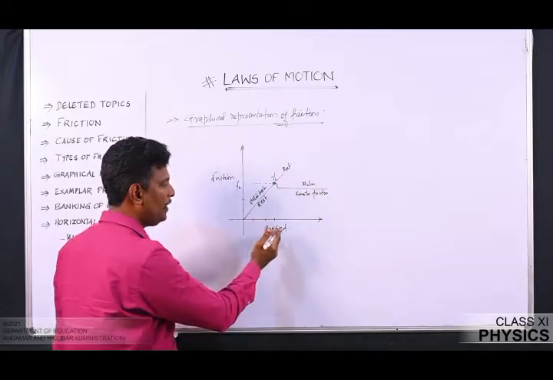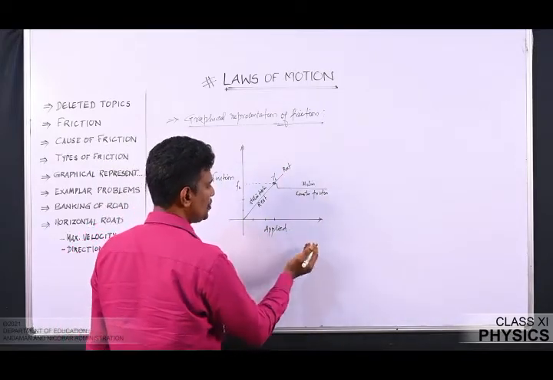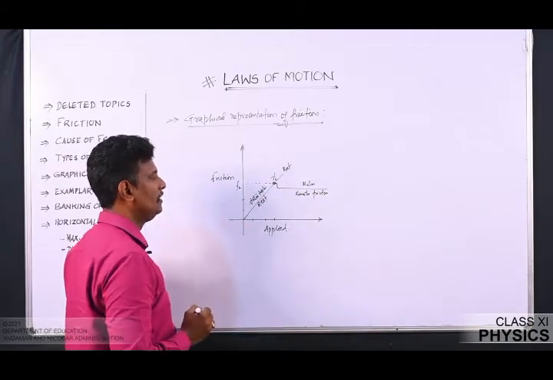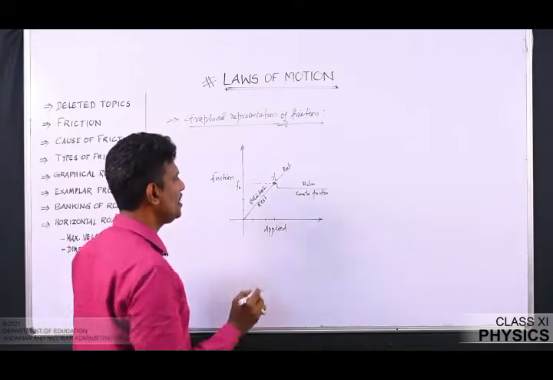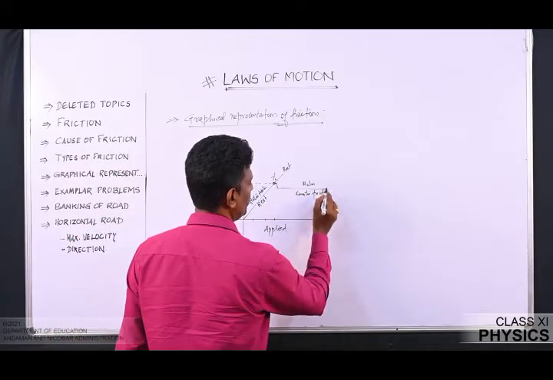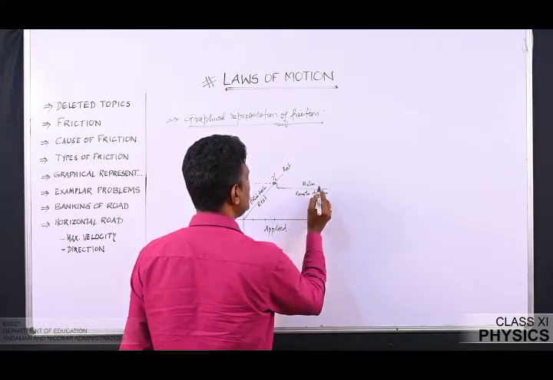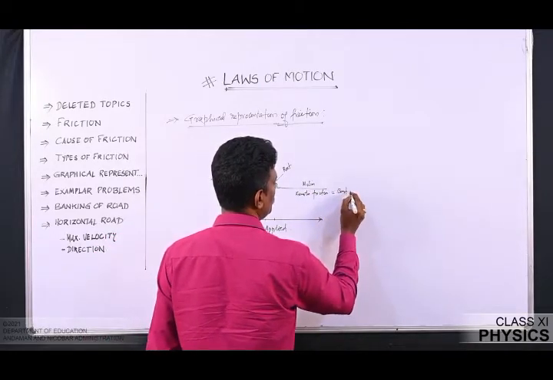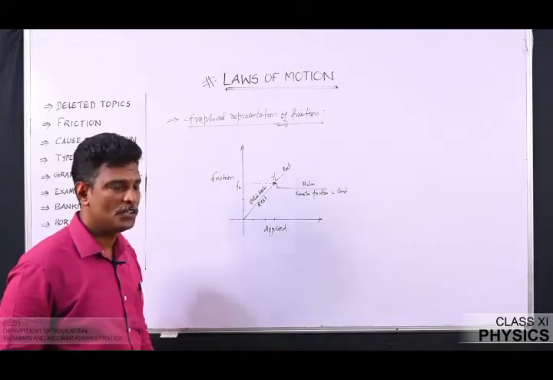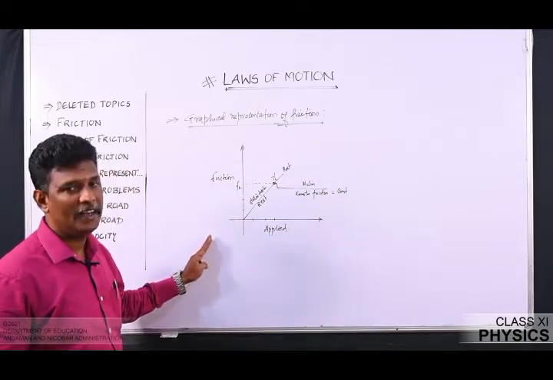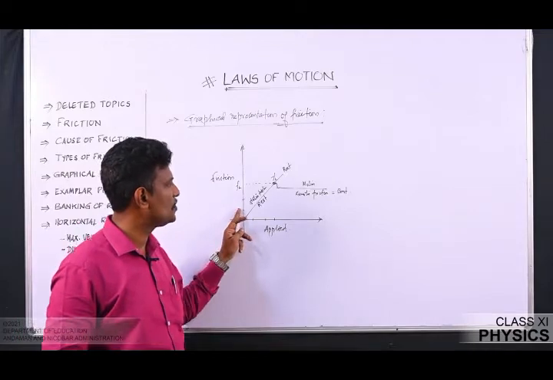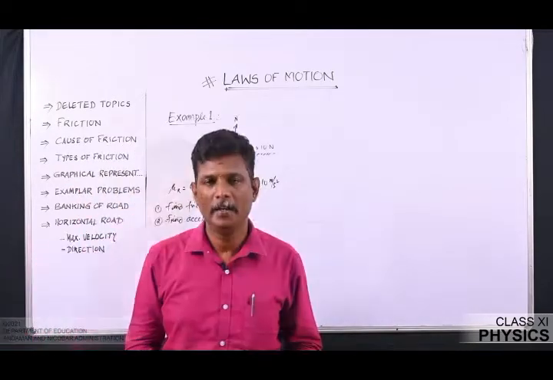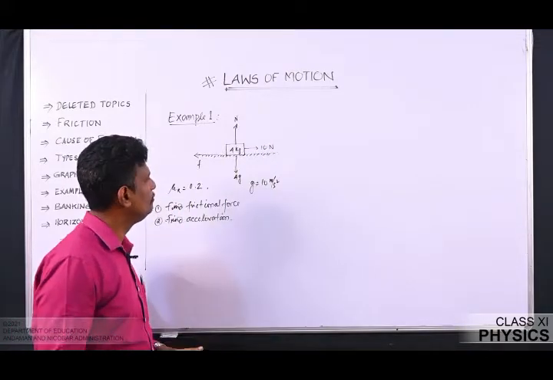When we apply applied force much greater, then what happens? Suddenly there is a decrease in the friction and starts moving in the same direction, same value, that is kinetic friction is equal to constant. Kinetic friction is constant. From this graph, we can understand the concept of static friction, limiting friction and kinetic friction solidly. Let us take a simple example here.